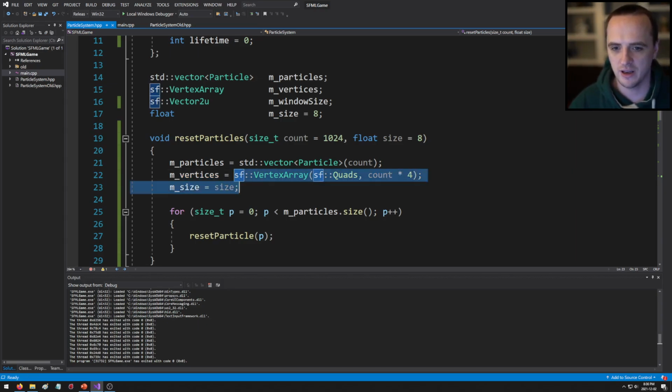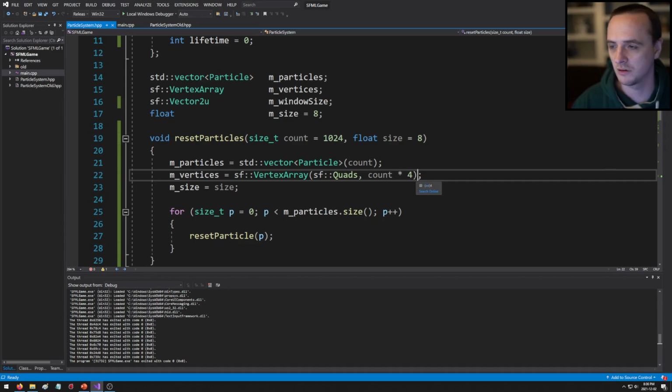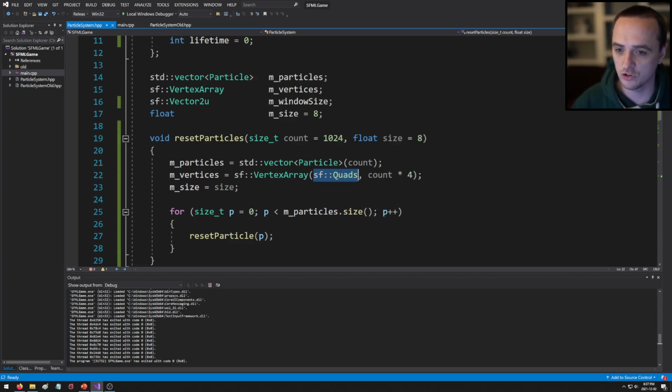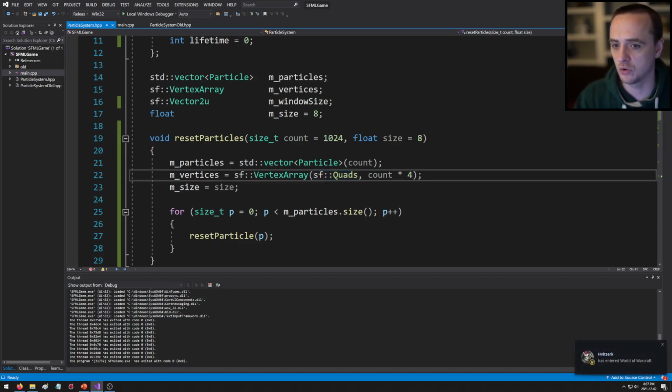So it's going to be a vertex array of quads, and then the count is the number of particles that I want, and each quad has 4 vertices, so it's count times 4 vertices that are going to be in my vertex array. And we've specified sf::Quads here, so when I go to draw my vertex array, it will know to draw individual quads for that.